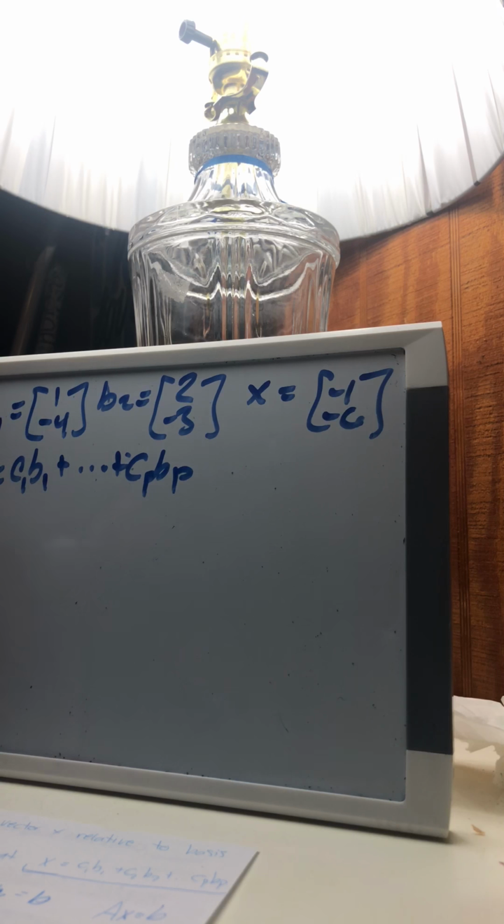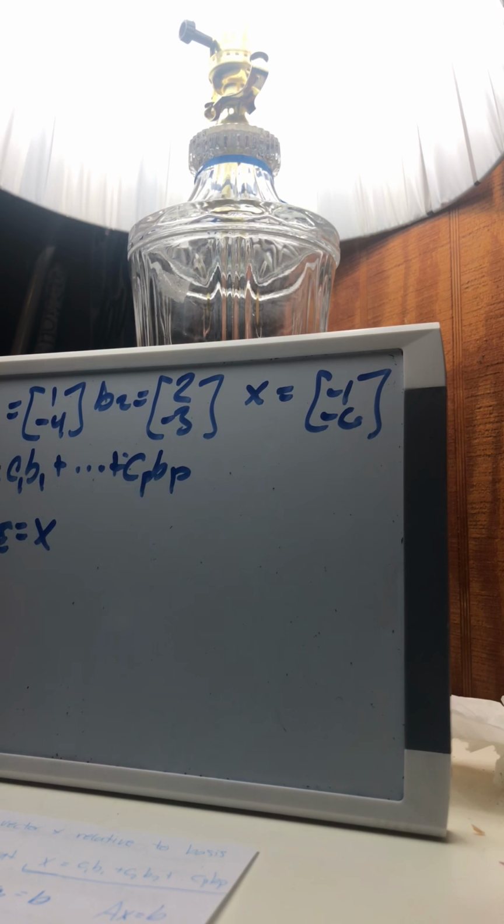And remember from earlier, we wrote that: weights C multiplied by a matrix B give us a vector x. And we're looking for these weights right here. Let's just do it. We're good.